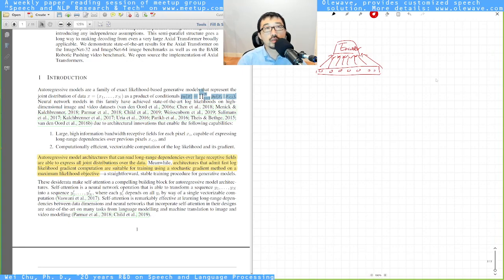It could be word pieces in the text, or it can be a sequence of pixels. So imagine that you have an image. You can just use scanning and convert the square image into a sequence of pixels.